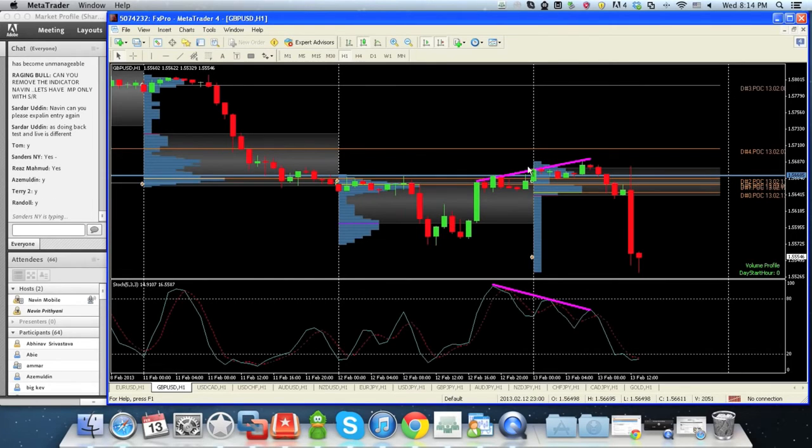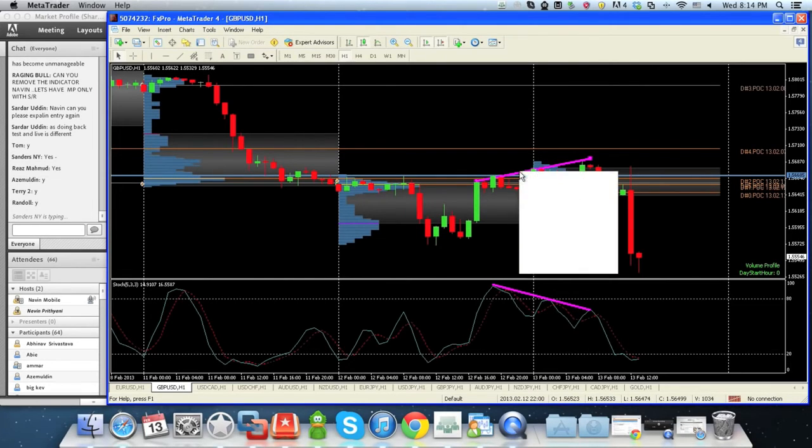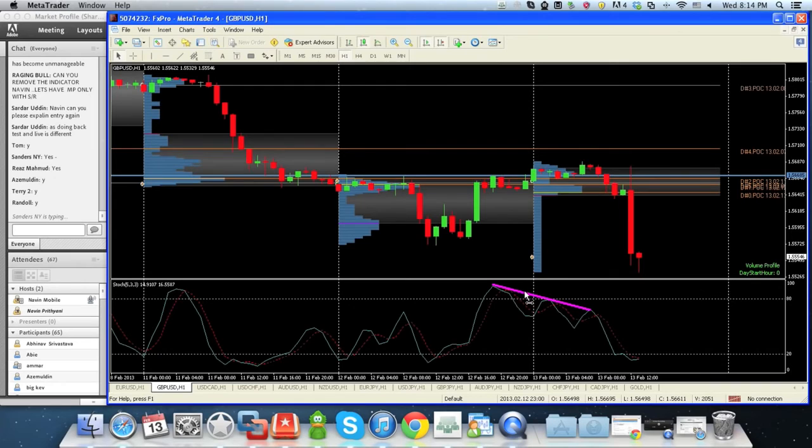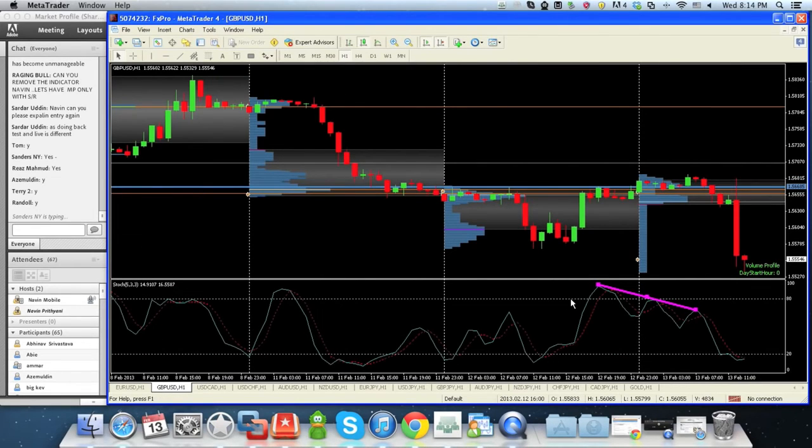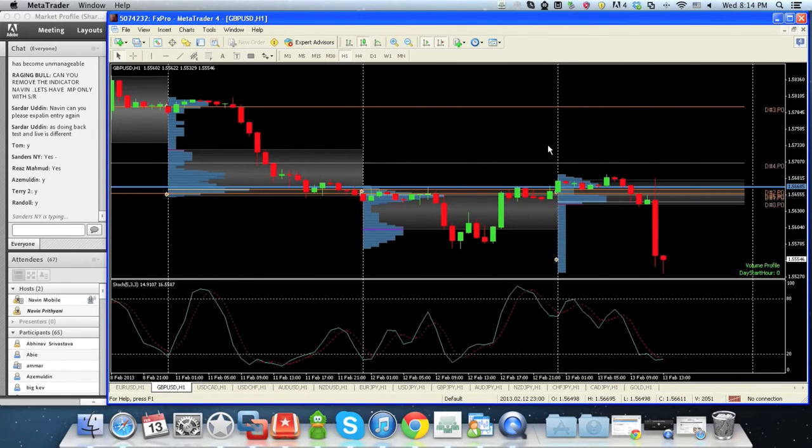As we pop in our MP, let me remove all these lines so you guys can see. Sorry. There we go. As we have this, our initial breach happens here on this candle when the day starts.